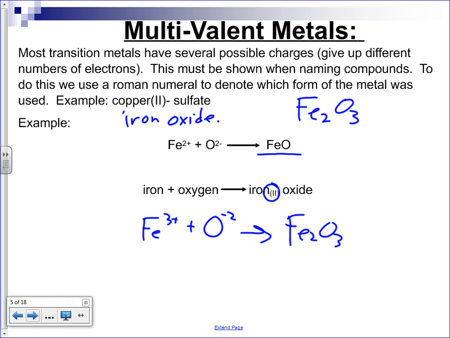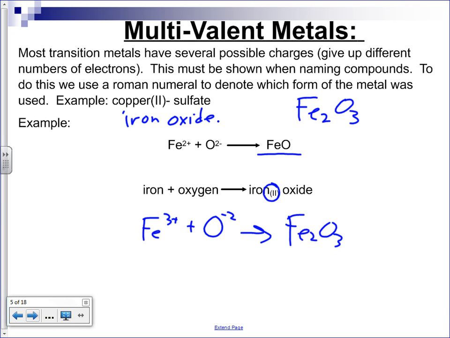Sorry, 3 is the most common charge. My bad. I can't remember all of them. So here's what we have to do. How do I know which Roman numeral to put in when I'm naming? Well, I look at the compound. If I look at this compound, is it possible for me to figure out which charge iron has by looking at this formula? Does oxygen have only one charge?